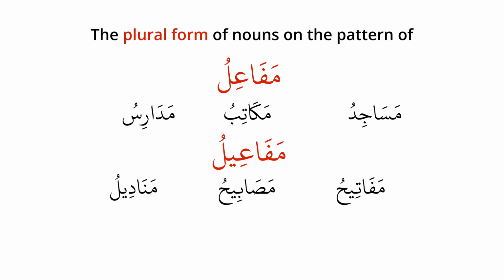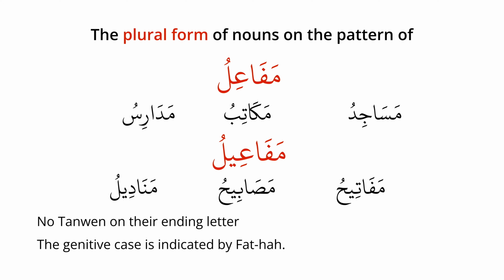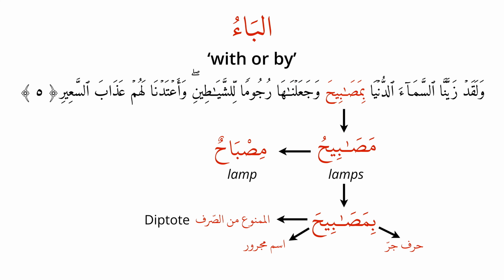And the same rule we learned in the previous lesson will be applied on such nouns, that is, no tanween on their ending letter, and the genitive case is indicated by fathah, as in the phrase bimasabiha, where the genitive case is indicated by fathah.